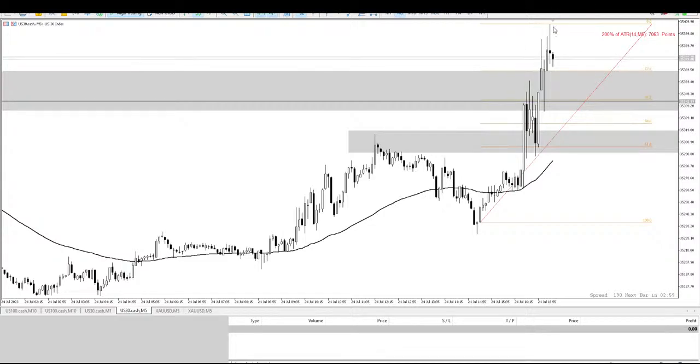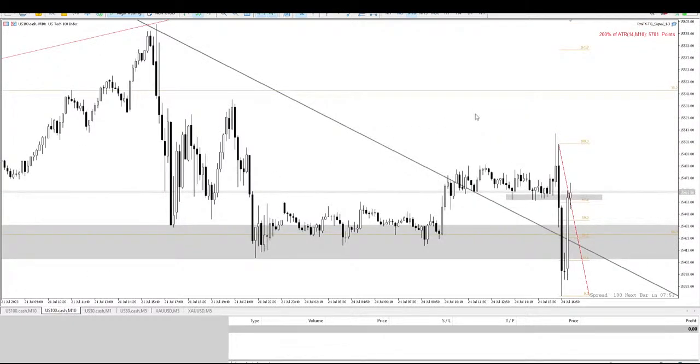Maybe it was just trying to fake people out, and then it'll come back down. Usually if NAS breaks that 61.8 and holds above, it will normally continue moving up, like in this scenario here.